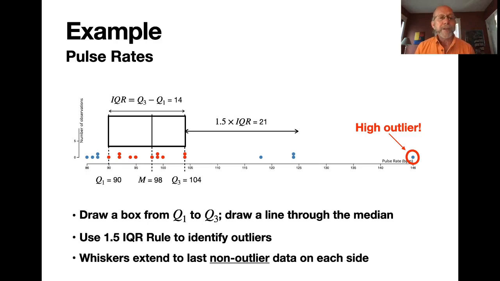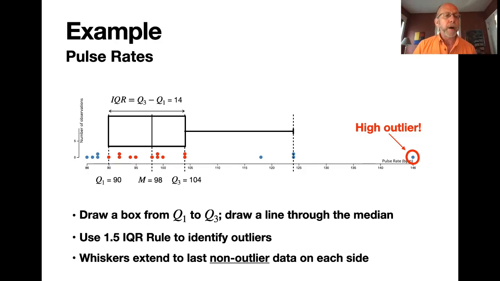Next, we're going to add whiskers to the box plot. This is actually a technical term. This is what they're called. The whiskers extend to the last non-outlier data on each side of the box. So on the right side of the box, for instance, the last non-outlier data are those two values at 124. So the whisker would extend from Q3 up to 124 on the right side of the box.